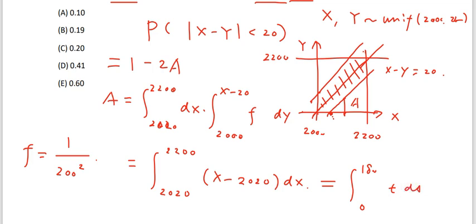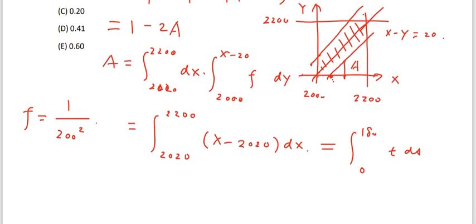So this integration is half this squared. So we can find A equals 200 squared, then half of 180 squared, right?